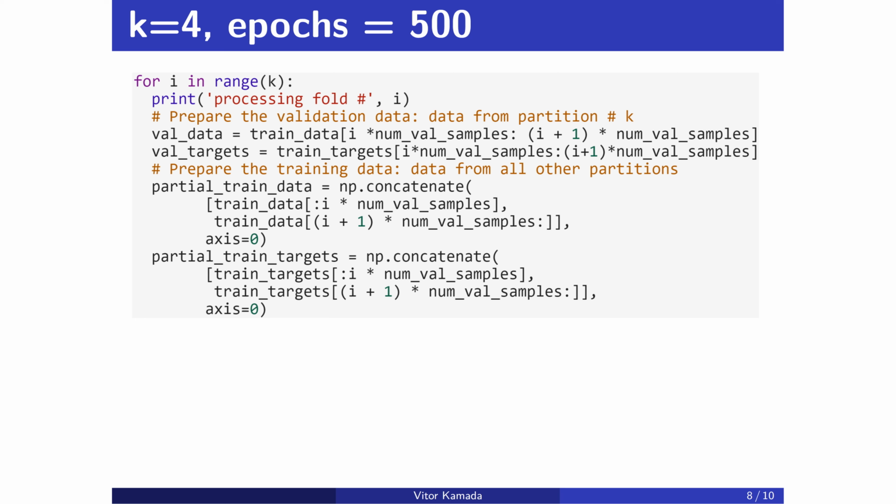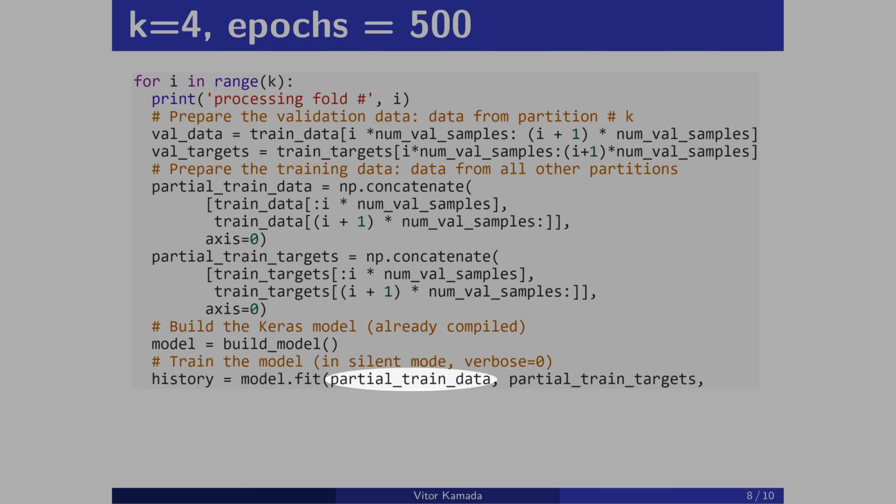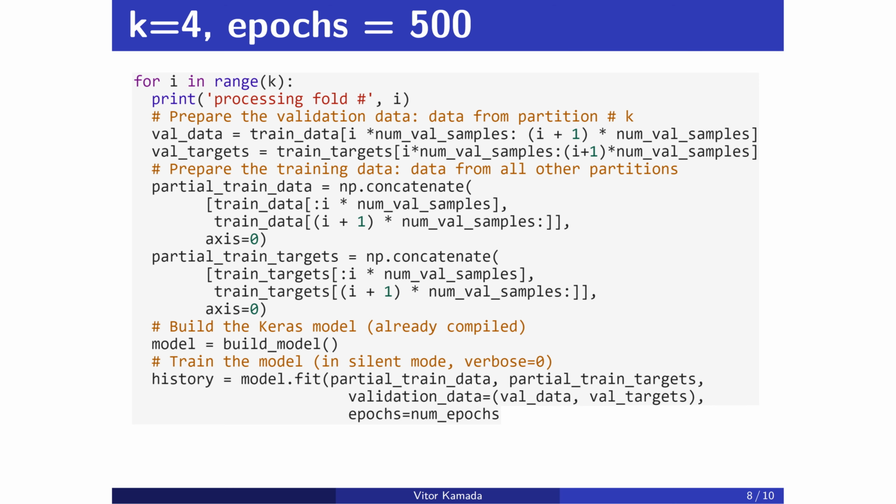Now that we prepared the data for cross-validation, we can call the function build model that creates the neural network. Let's fit the model. First, we specify the data: partial train data, partial train targets, and validation data. The number of epochs is 500, that was defined before, and the batch size equals 1, and you don't want to see the results, so verbose equals 0.